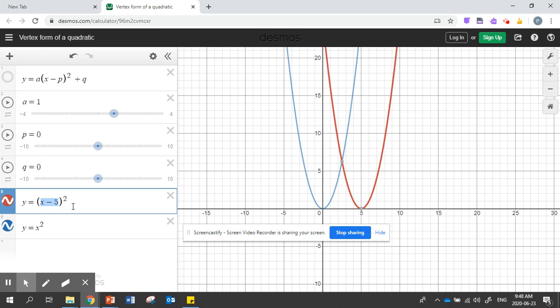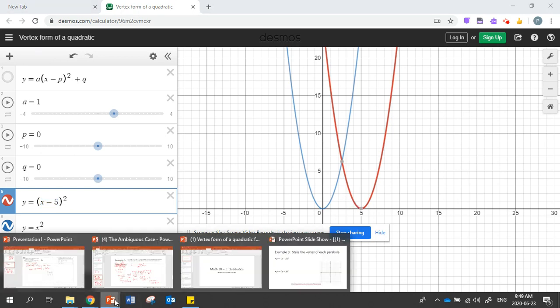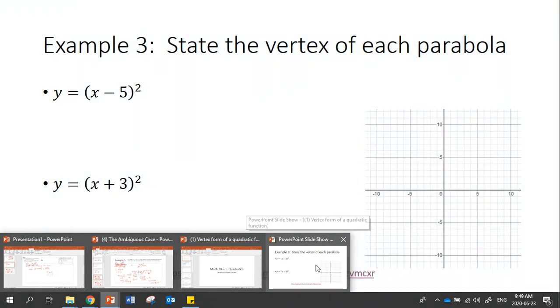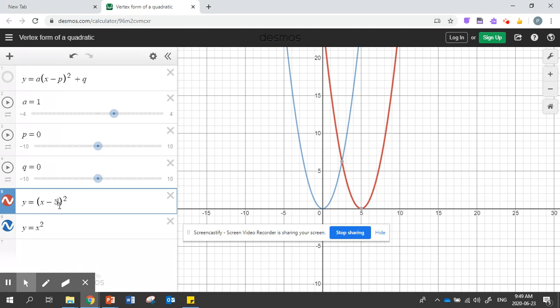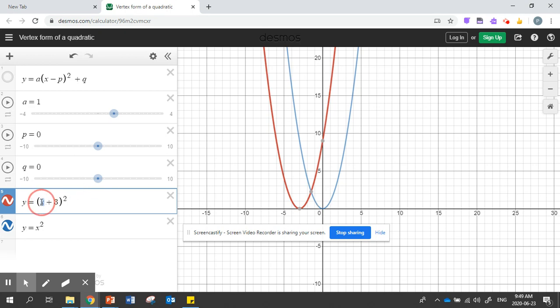So the point we're trying to get out of here is that when we go x minus 5 squared, we're going 5 to the right. When we go x plus 3 squared, hopefully you can see that we're not going 3 to the right, we're actually going 3 to the left. We have to think, what value of x is going to make the whole part inside the brackets equal to 0?